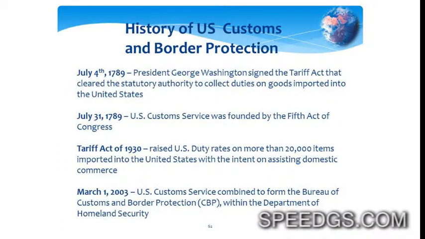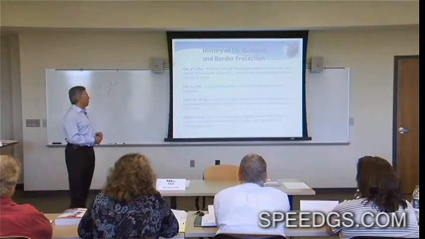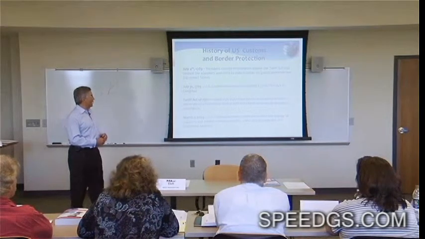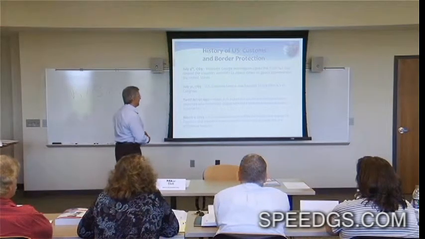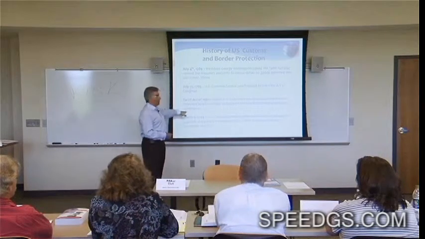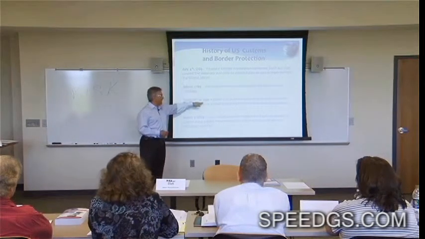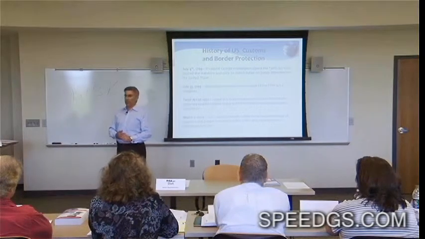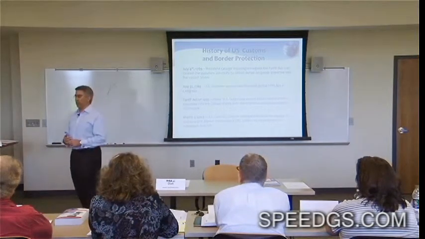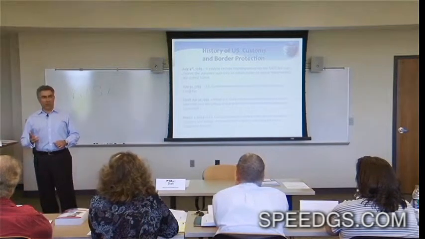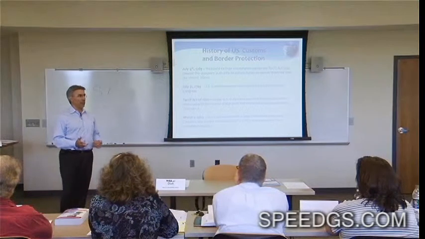Next important date, and I've already talked about this, was the Tariff Act of 1930, which raised U.S. duties on more than 2,000 items imported into the United States with the intent of assisting domestic commerce. So we've gone from 1789 to 1930 before anybody came up with the idea that we need to use tariffs as a way of controlling commerce.